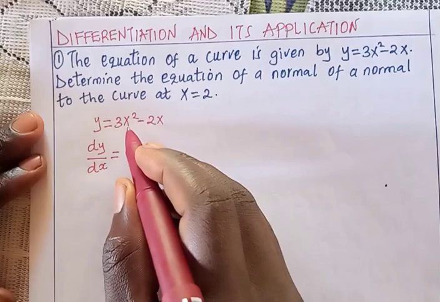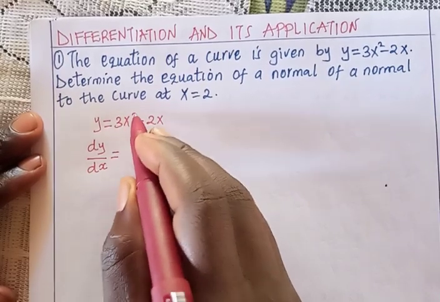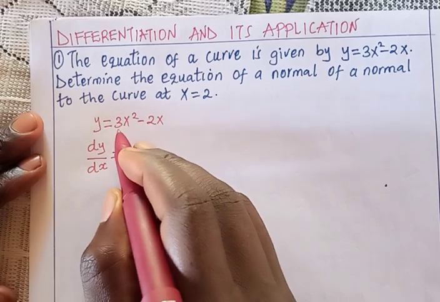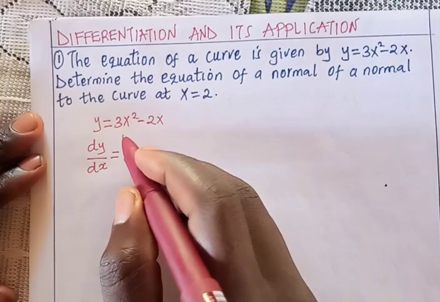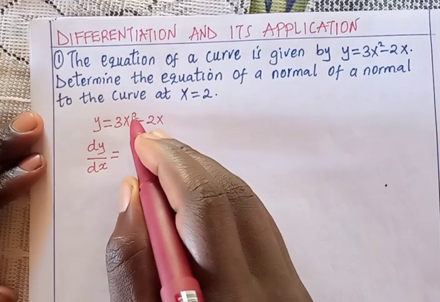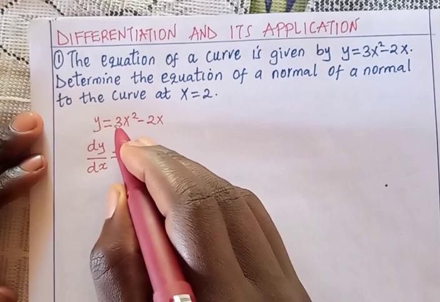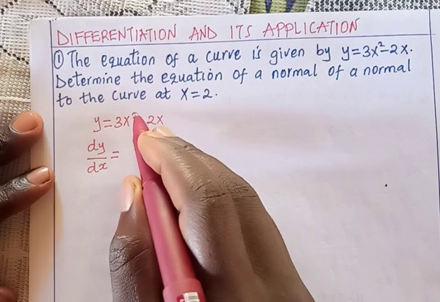Now let us differentiate this equation. When we differentiate, we multiply the power by the value that is coming before x. So we multiply 2 by 3, and we reduce the power by 1.